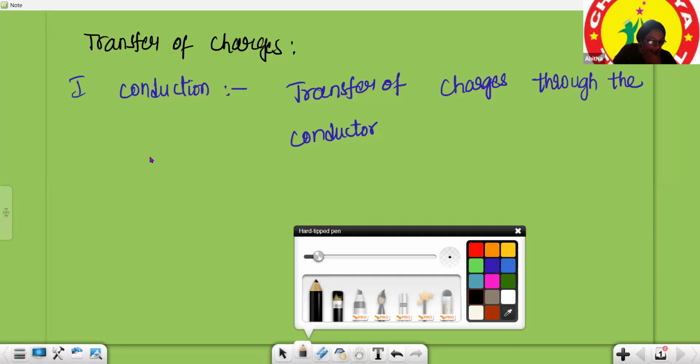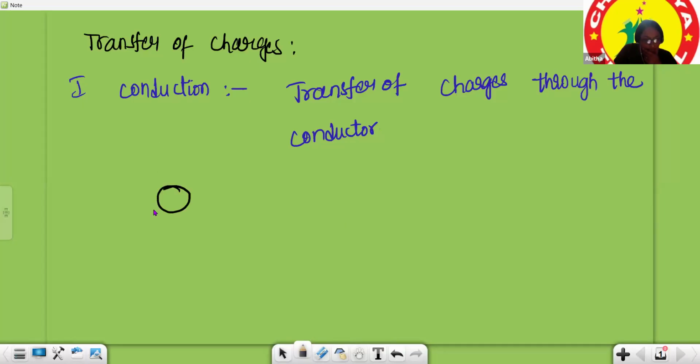So let's see. Now we are taking a metal here. A metal which has no charges, a neutral metal. There is no charge on this metal. To this metal, I am taking another object which has charge on it.